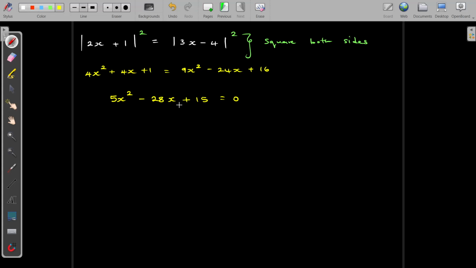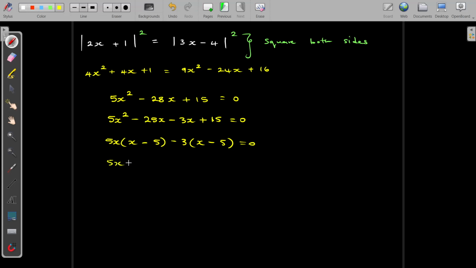So our AC here is 75, and we need two numbers that's going to give us 28. So that's 25 and 3. So we can say 5x squared minus 25x minus 3x plus 15 is equal to 0. So factor out 5x, we're left with x minus 5. Factor out -3, x minus 5.